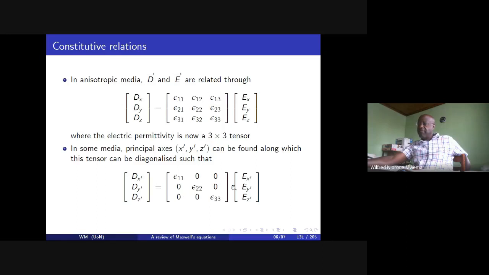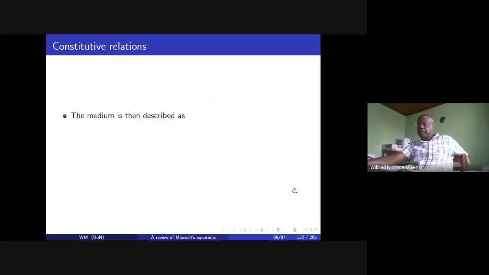And if that's the case, we can get Dx prime, Dy prime, and Dz prime related to Ex prime, Ey prime, and Ez prime by that simple relation there, where the matrix is now just a diagonal matrix rather than a 9-component one.